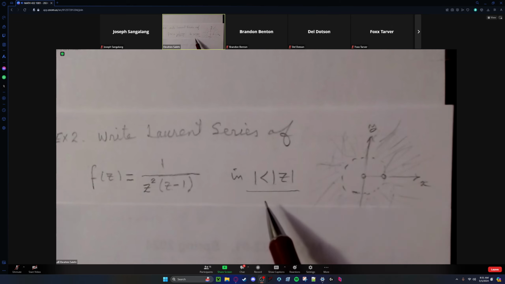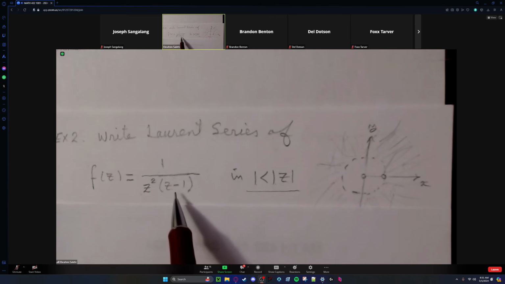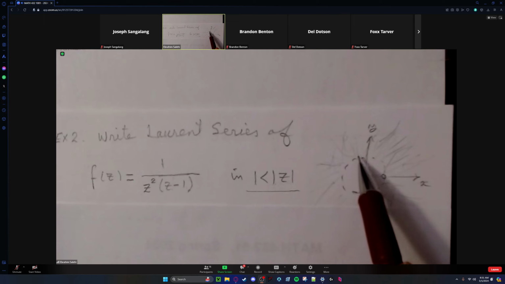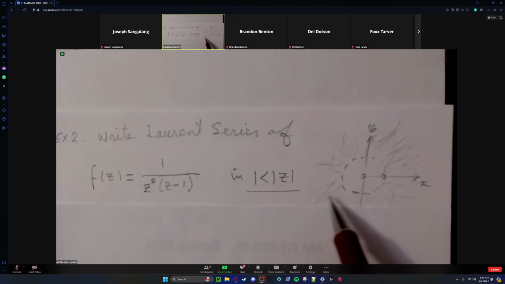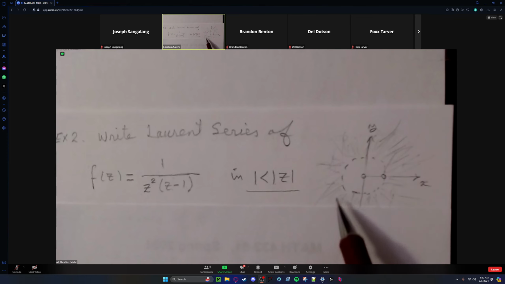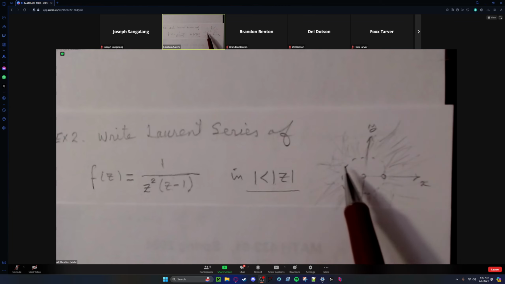But now I want to write the Laurent series of this function, which is valid outside the disk, right here, when modulus of z is bigger than 1.